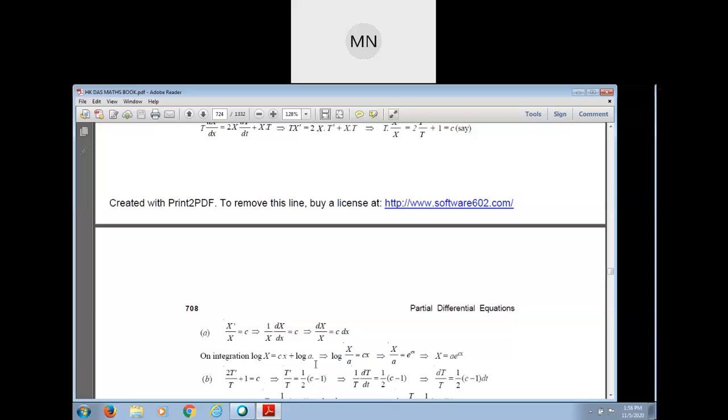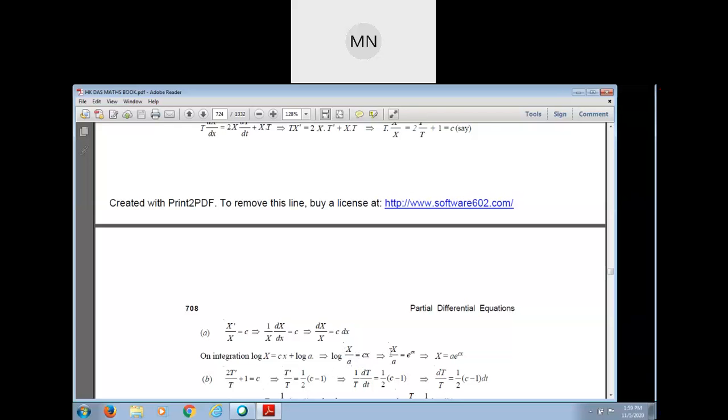We write the constant in the form of log a, so we get log capital X equals ct plus log a. So here see that log X minus log a equals log of a. So combining these two terms, we can write log of X by a equals ct.